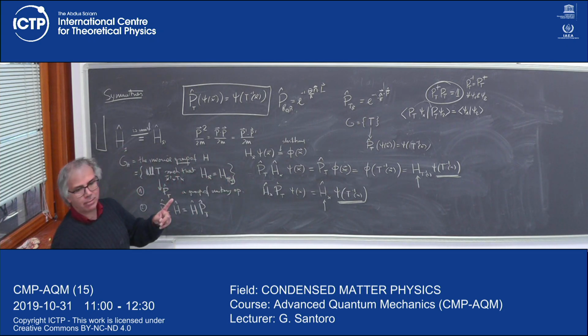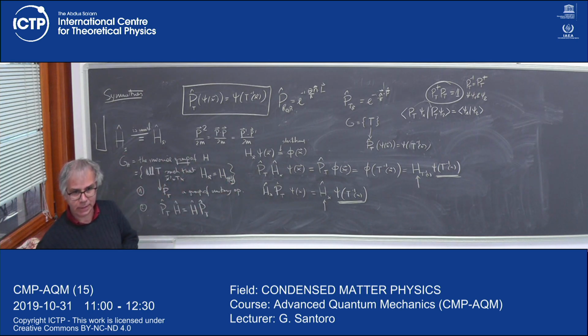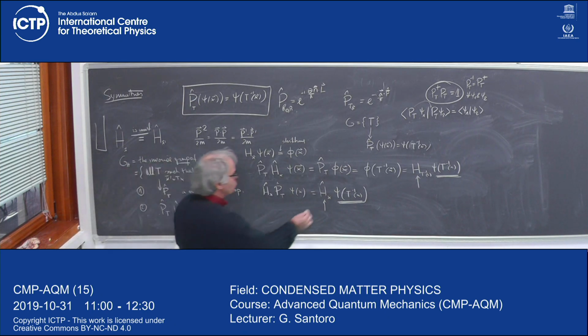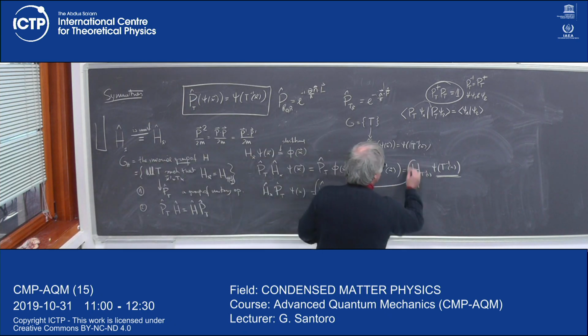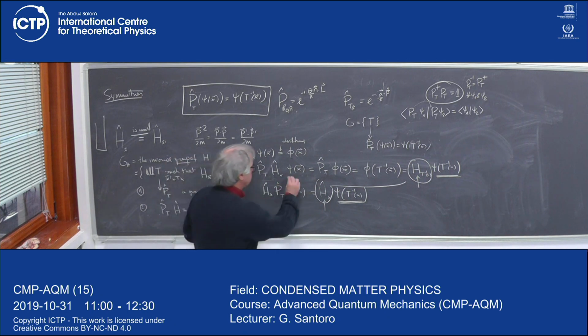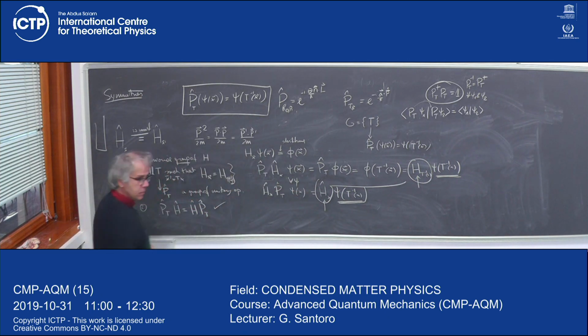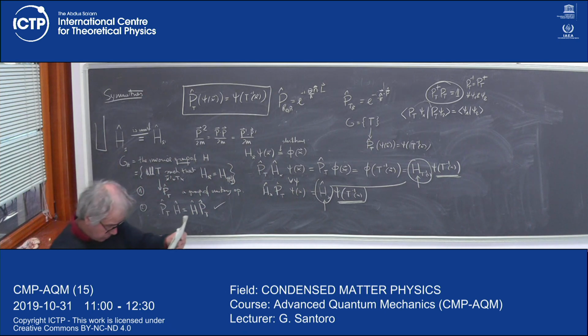Now there I have t to the minus 1, but this is a group, so if there is t, there is also t to the minus 1. So obviously h of x is equal to h of t to the minus 1 of x, because it's an invariance operation. Which means that these two objects are exactly the same, which means that these two operators do the same thing on any psi. Which means that they commute. Okay? Good.